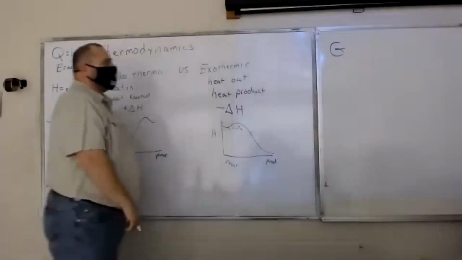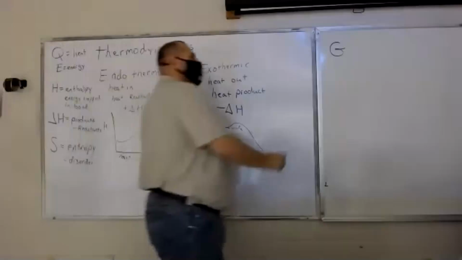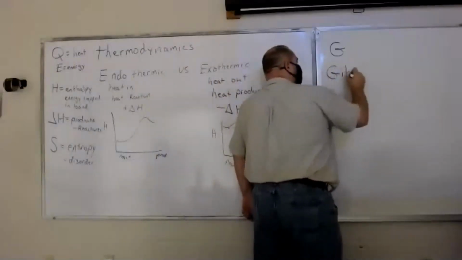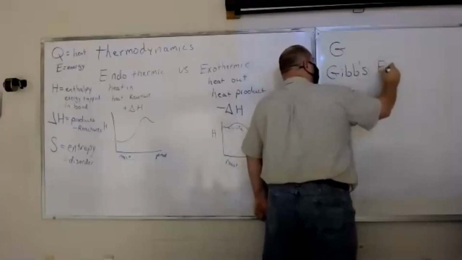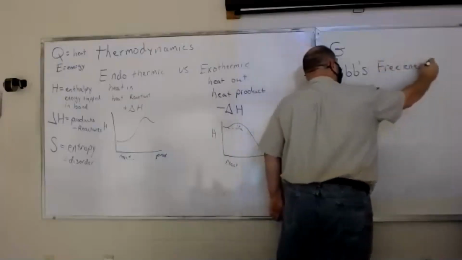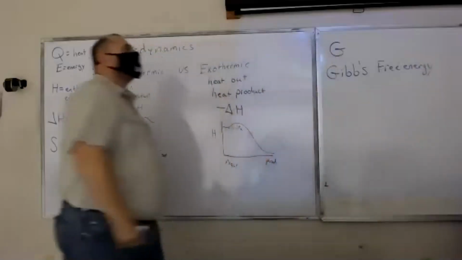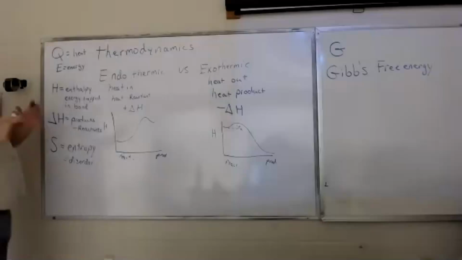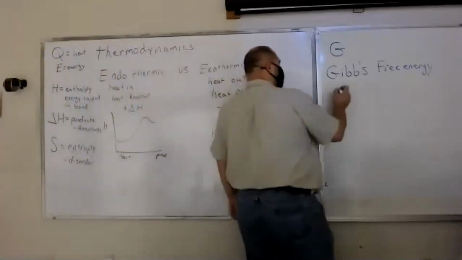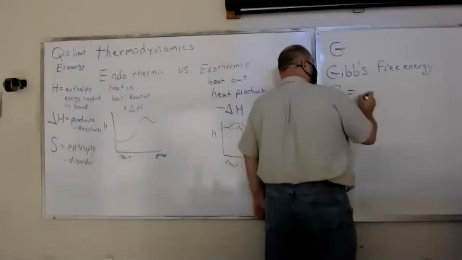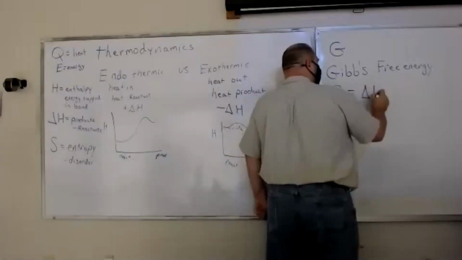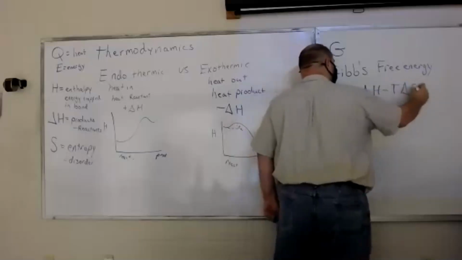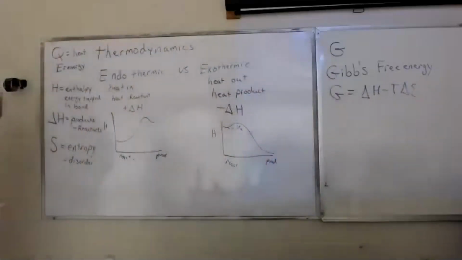Now we see another one that we'll see. And it's a G. We'll see that this chapter. And this is referred to as the Gibbs free energy. And so Gibbs free energy looks like that, delta H minus T delta S. So delta S, I didn't define that.